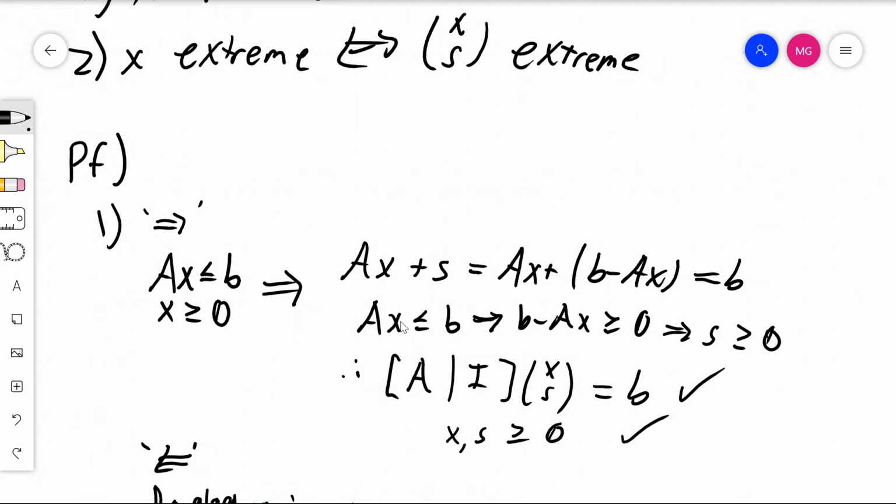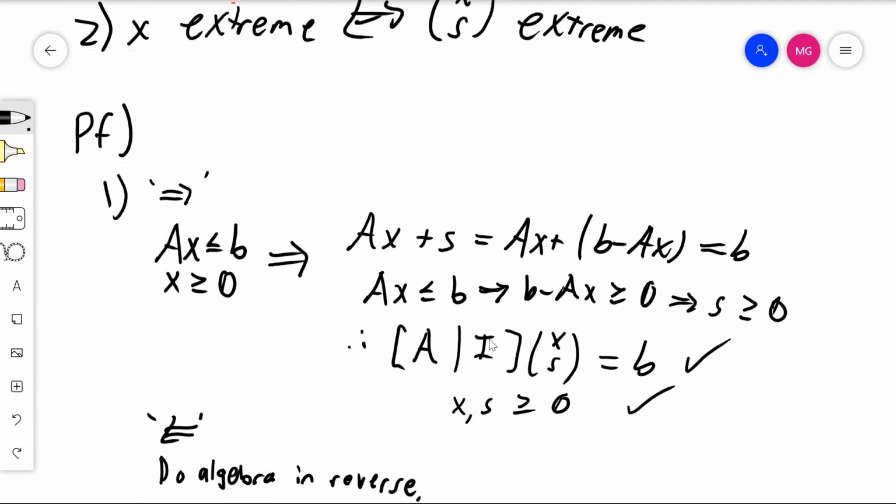And then since Ax is less than or equal to b, in other words, b minus Ax is non-negative, and that's what s is. s is b minus Ax, so s is non-negative. So here you have the matrix equality constraints, A appended by an identity matrix, because implicitly when we're adding slack variables, we're adding identity times slack variables, just so we have a formal matrix here.